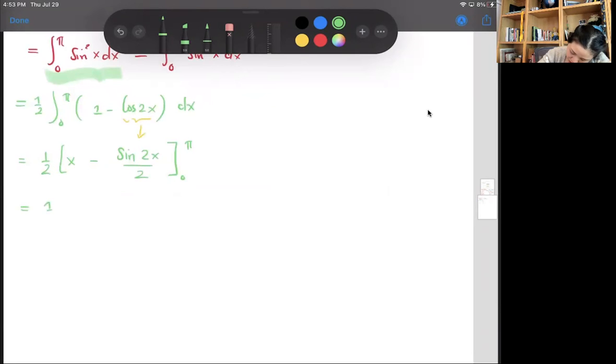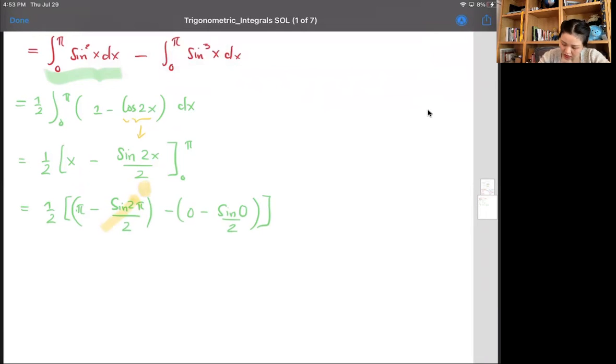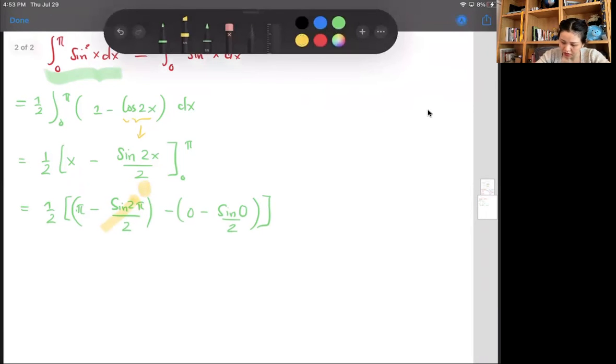So 1/2 times, we're going to evaluate the upper limit first: pi minus sine of 2 pi over 2, minus the lower limit, which is 0 minus sine of 0 over 2. Now sine of 2 pi is 0, and 0 divided by 2 is still 0.